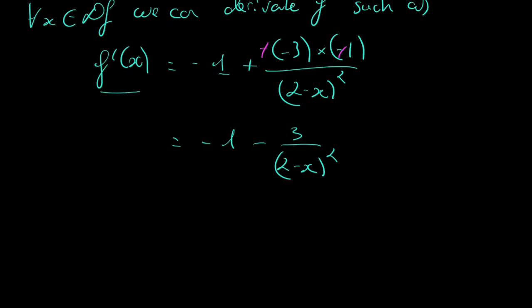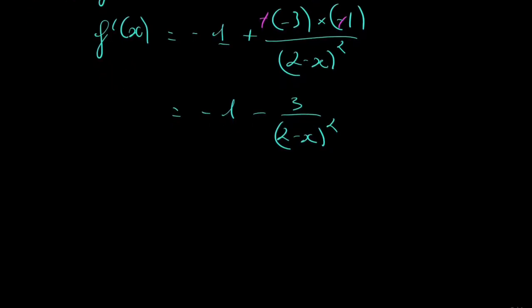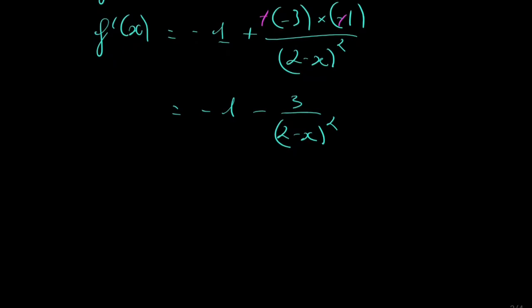And to study the sign of this, okay, we can conclude right now. Here we've got something that is strictly negative, because -1 is strictly negative, and here plus minus this thing, strictly negative. Why?